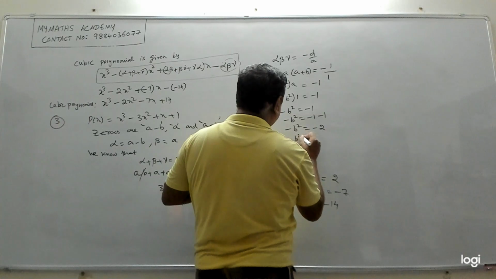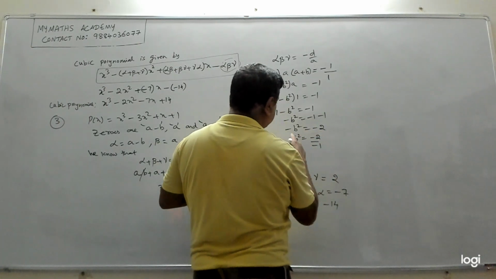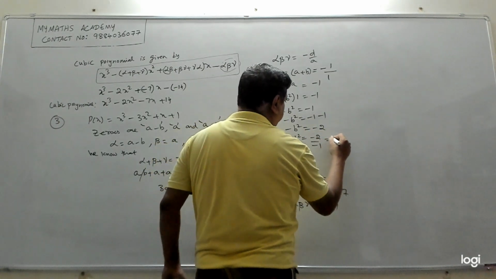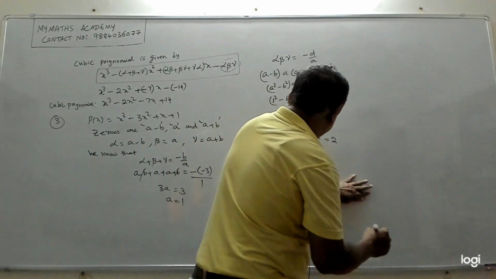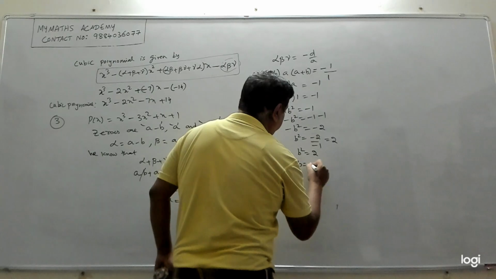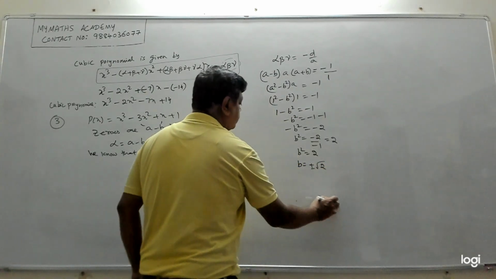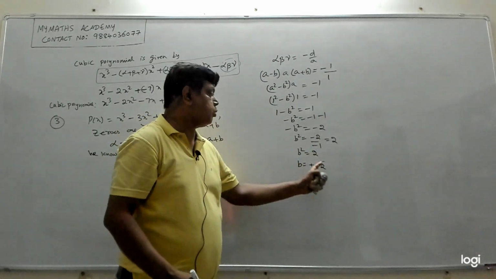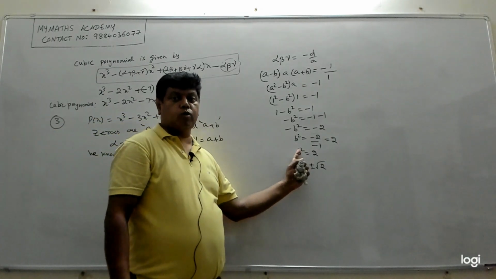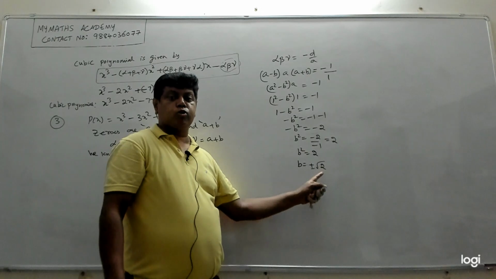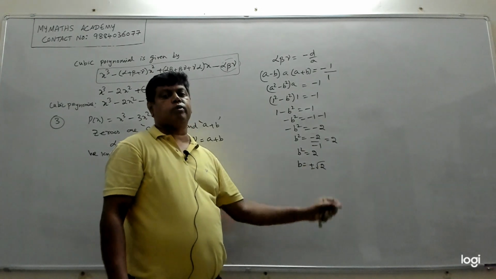So you get b square equal to minus 2 by minus 1. The minus will cancel, so that will become 2. So your b square is 2. So what is your b? B is equal to plus or minus square root of 2. But you have to be careful. Don't just put square root of 2. Whenever your square goes to the other side, it becomes a root, but it becomes plus or minus root.